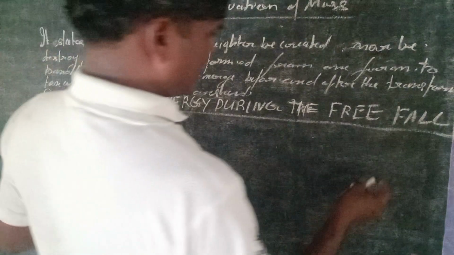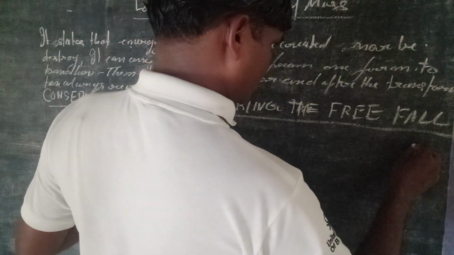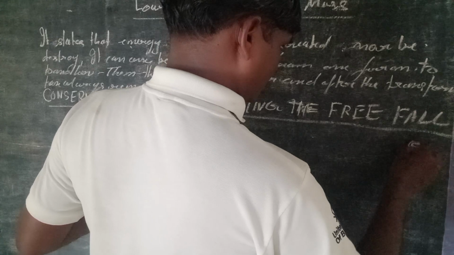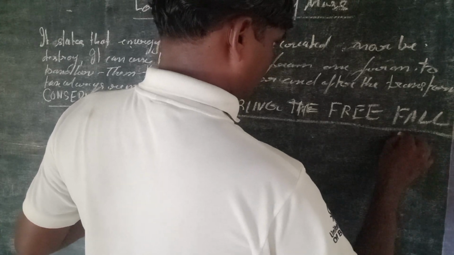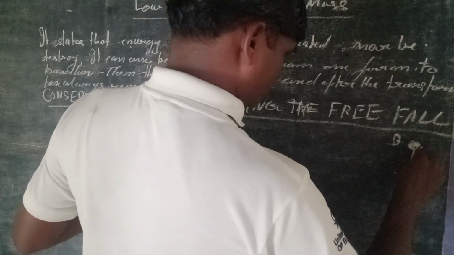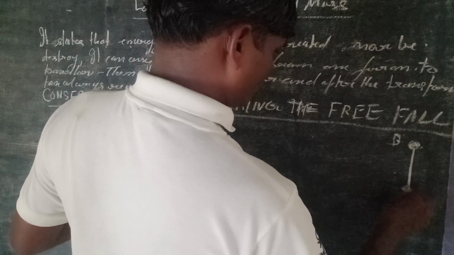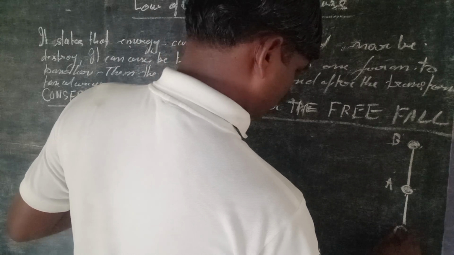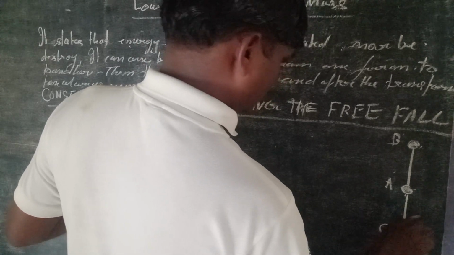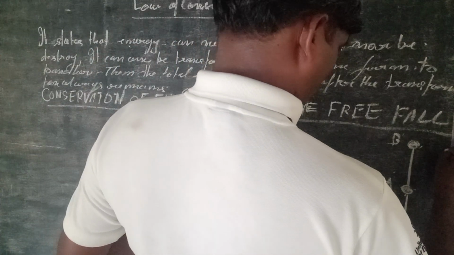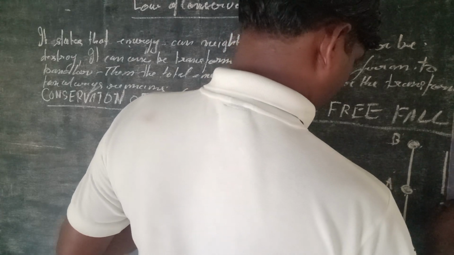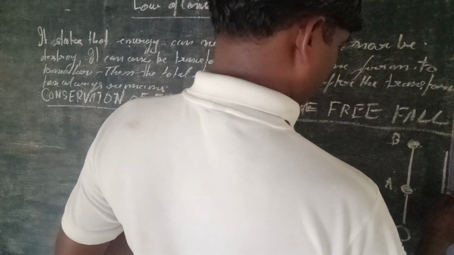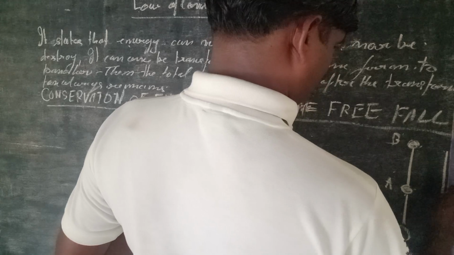Suppose that any object is here. B is any object, at point B, and it free falls from B to A, and then from A to C, and the distance from B to C is h.